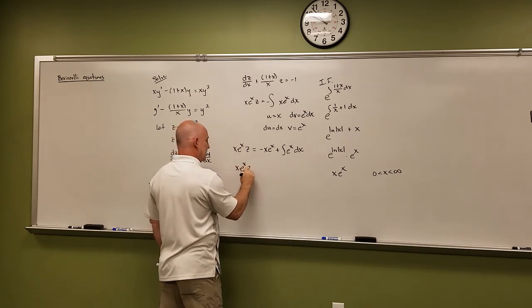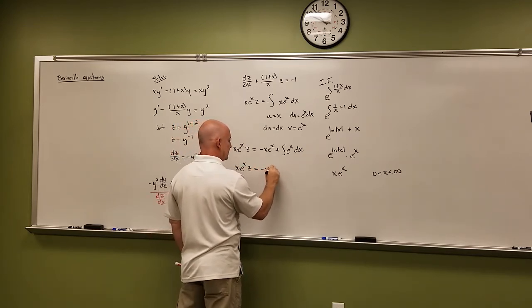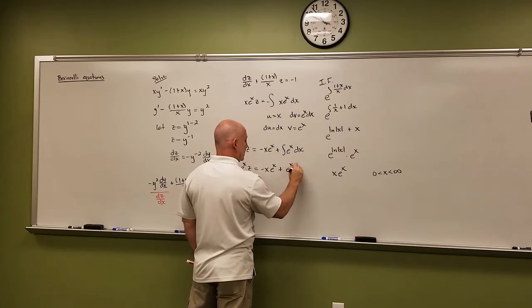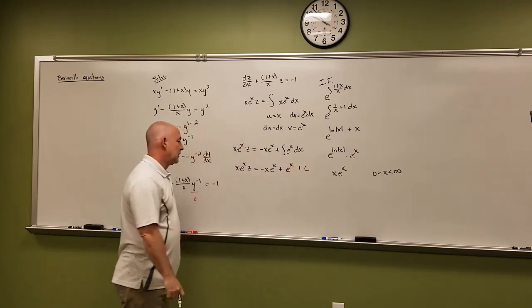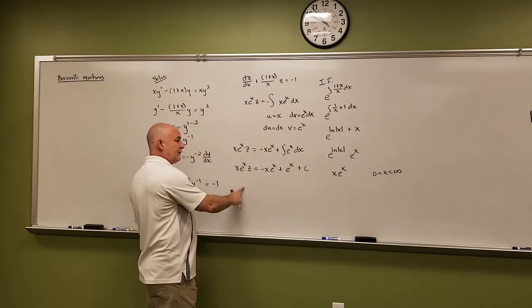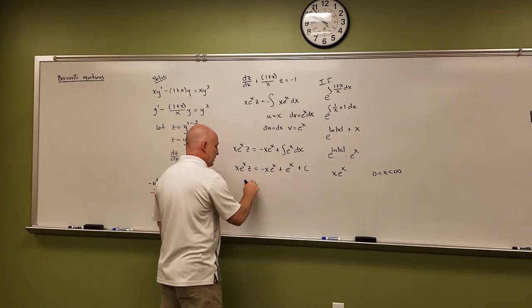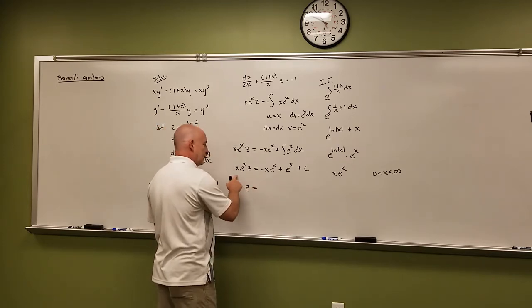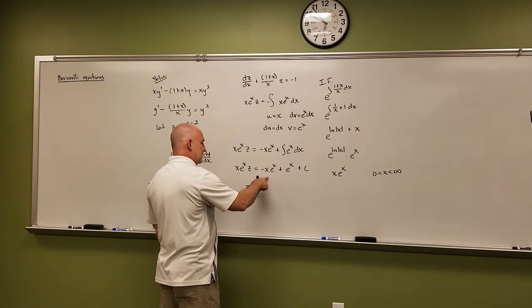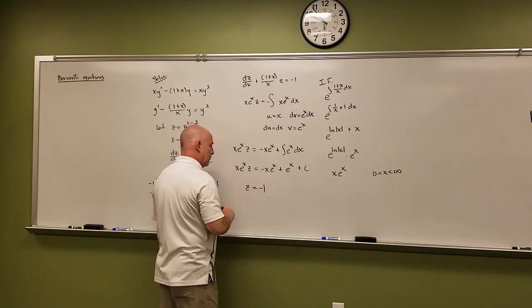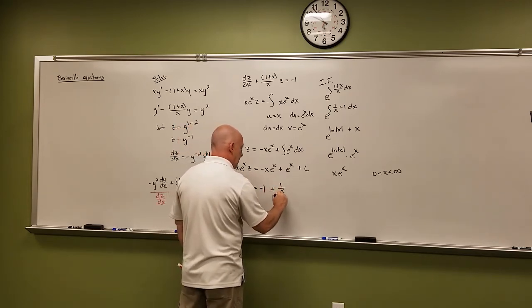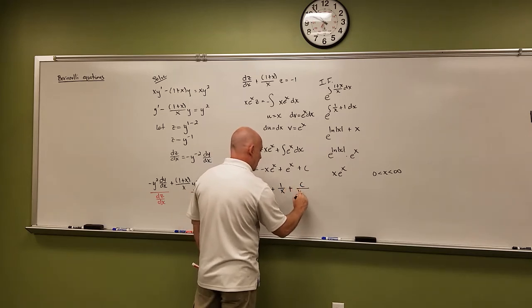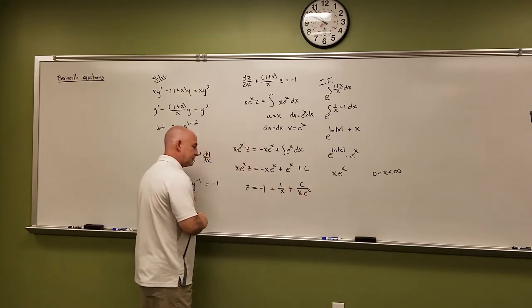So x e to the x z is equal to negative x e to the x plus e to the x plus some constant. All right, let's go ahead and solve for z. Once we divide through by what's in front of z, we get z is equal to negative 1 plus 1 over x plus c over x e to the x.